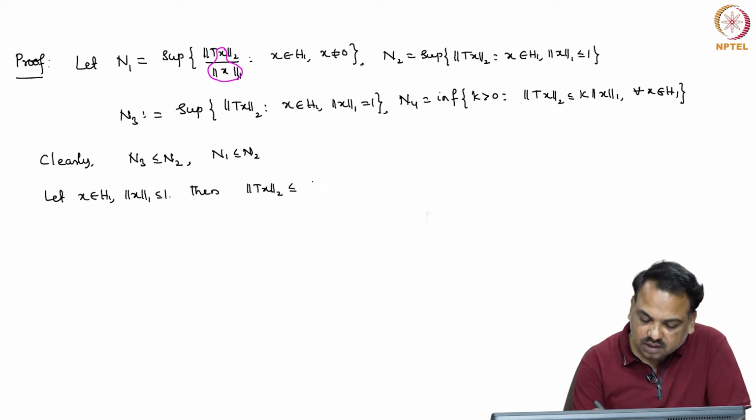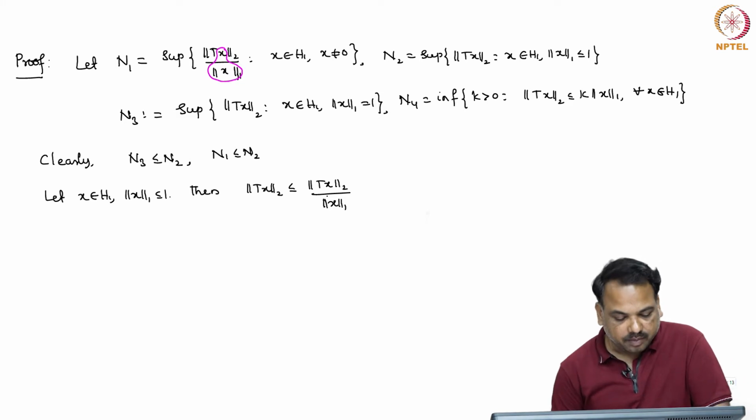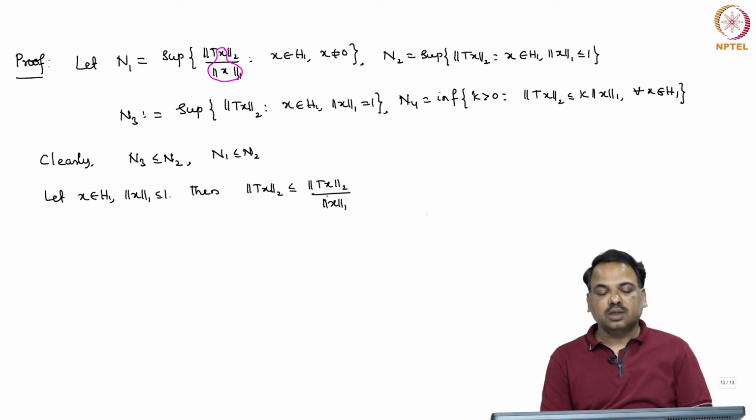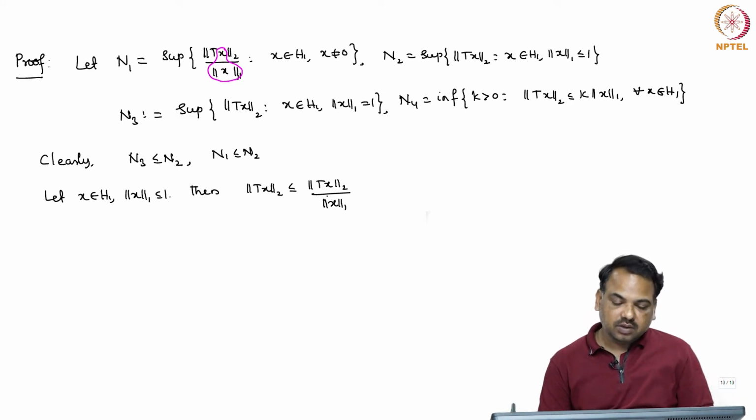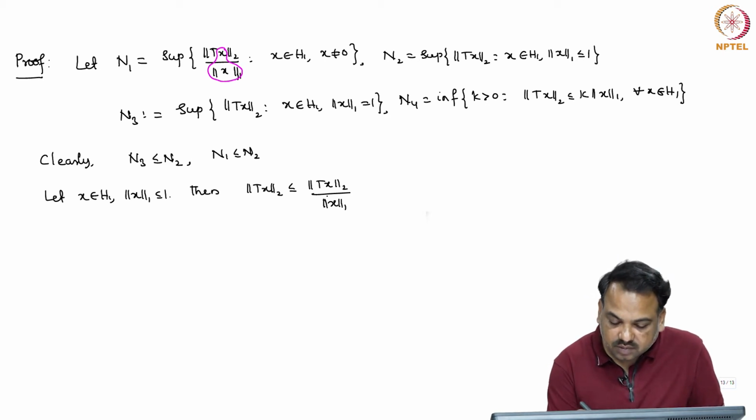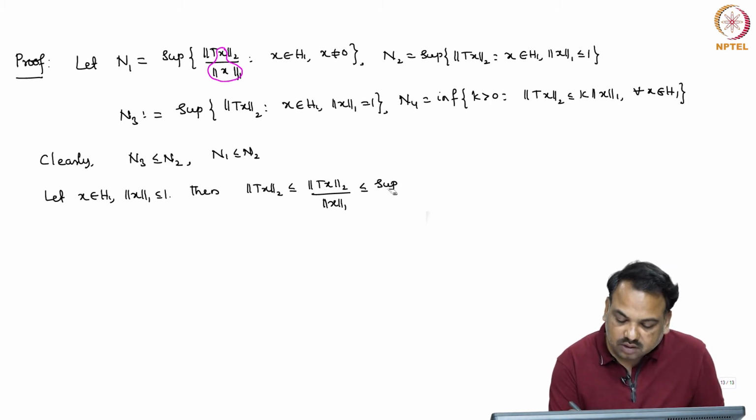That is less than or equal to norm Tx by norm x, because norm x is less than or equal to 1, so 1 by norm x will be bigger than or equal to 1. Hence we can conclude that norm of Tx is less than or equal to norm Tx by norm x, but anyway this is less than or equal to the supremum over all such quantities, the supremum over all these norm Tx by norm x, where x is in H1, x non-zero.